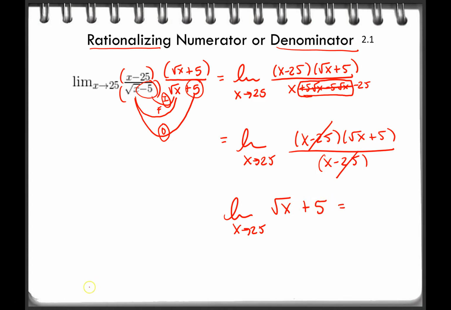So plugging into that, I can now drop my limit because I'm plugging in now. I get square root of 25 plus 5, which is equal to 5 plus 5, which is equal to 10. Awesome.